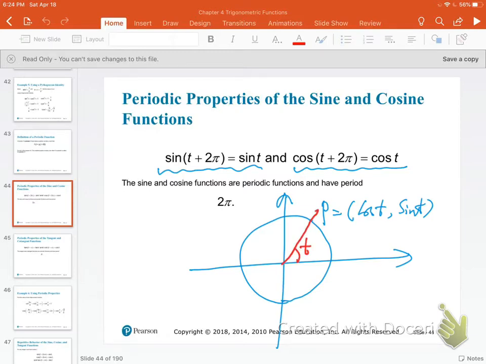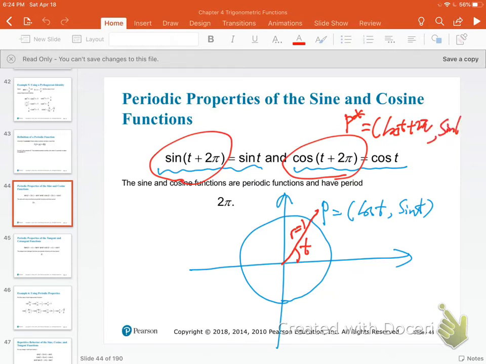Here the radius is 1. Now let's look at a new point. P star is cosine of t plus 2 pi comma sine of t plus 2 pi.